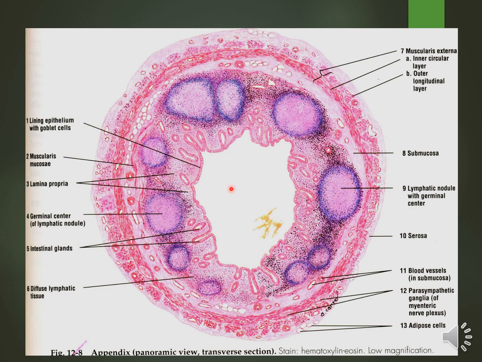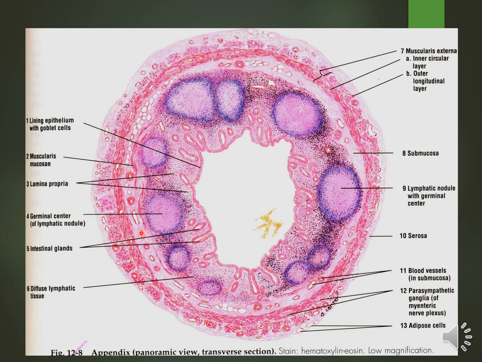Then coming to muscularis mucosa. Muscularis mucosa is made up of inner circular and outer longitudinal layers of smooth muscle fibers. Then submucosa consists of connective tissue and blood vessels. Sometimes the lymphatic nodules within the lamina propria may extend to the submucosa.